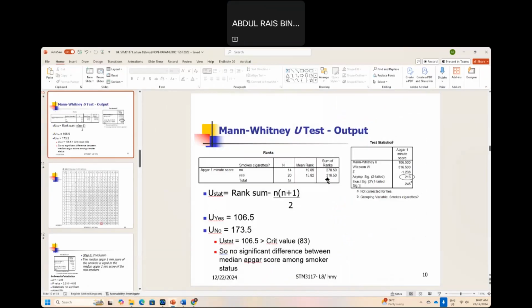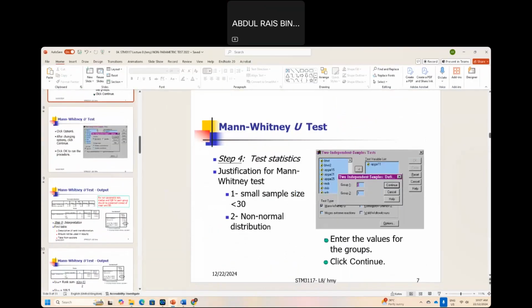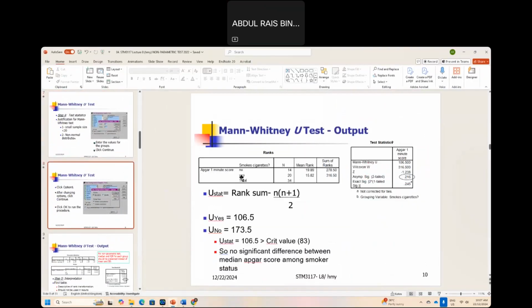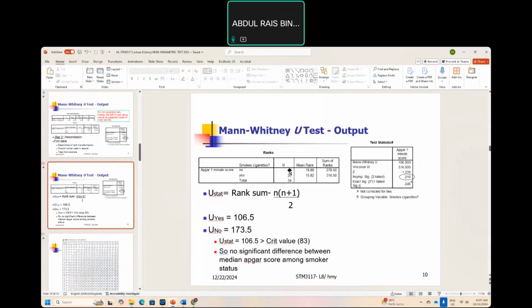To get this value, you would have to rank each of the 14 and 20 data dalam group masing-masing. Okay, if we do contoh tadi mudahlah sebab 6 in a group, but to do this it will be quite complicated and takes time.